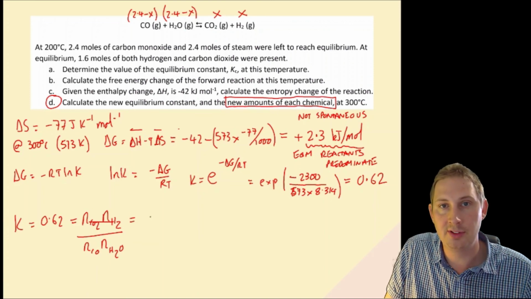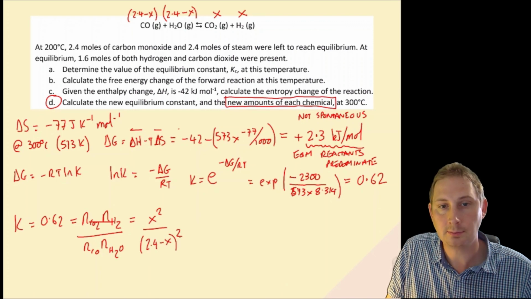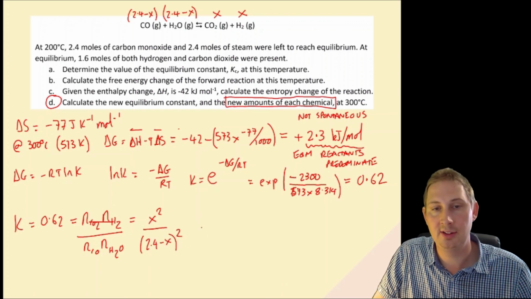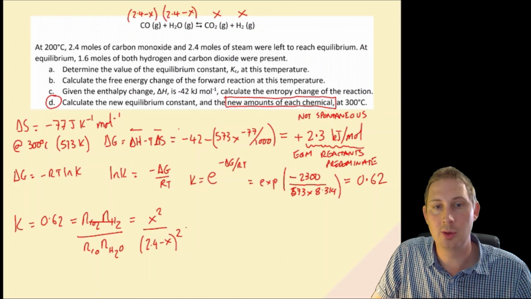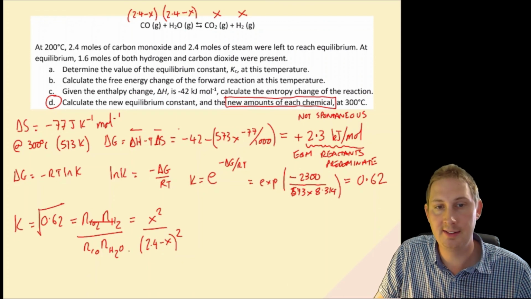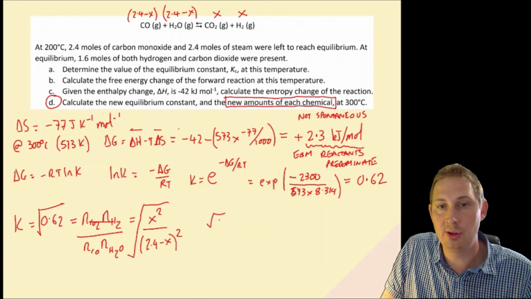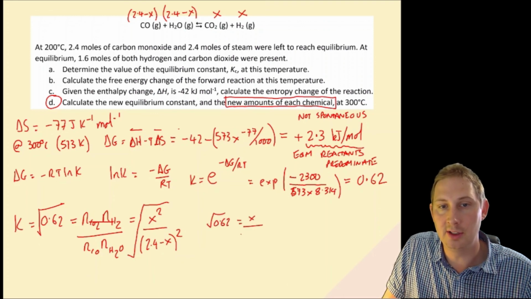So that equals X squared over 2.4 minus X squared. And you might be thinking this is going to involve a quadratic, but it doesn't, because we can square root both sides to get the equation square root of 0.62 equals X over 2.4 minus X.